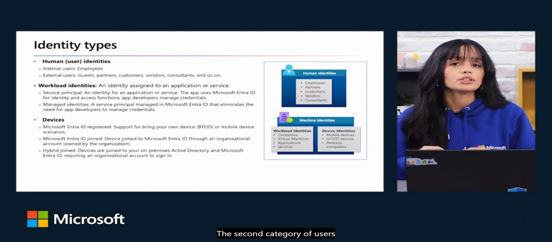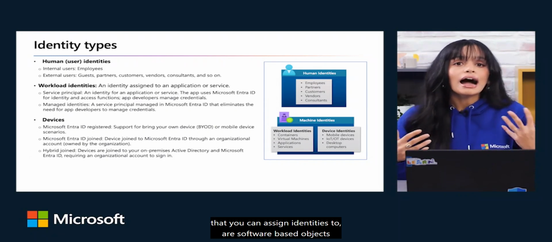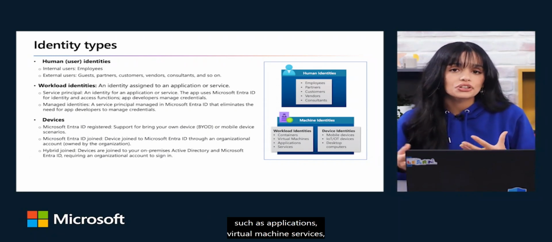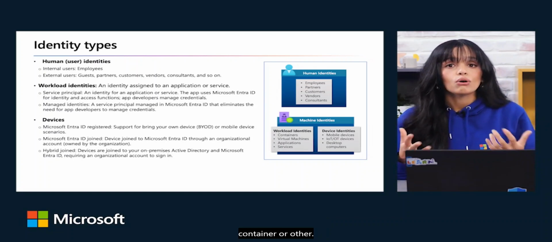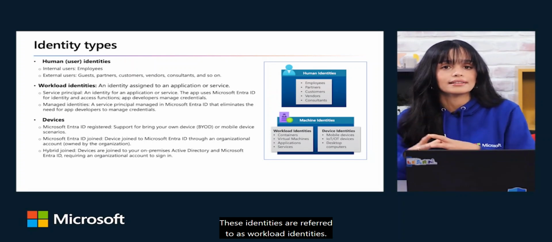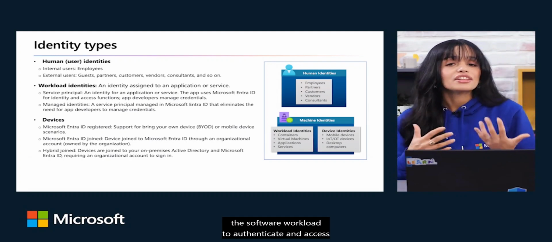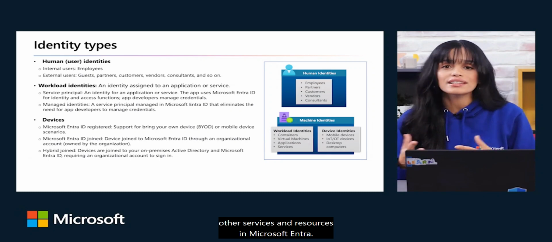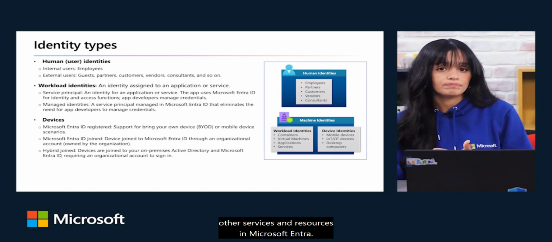The second category that you can assign identities to are software-based objects, such as applications, virtual machine services, containers, or others. These identities are referred to as workload identities. Workload identities enable the software workload to authenticate and access other services and resources in Microsoft Entra.